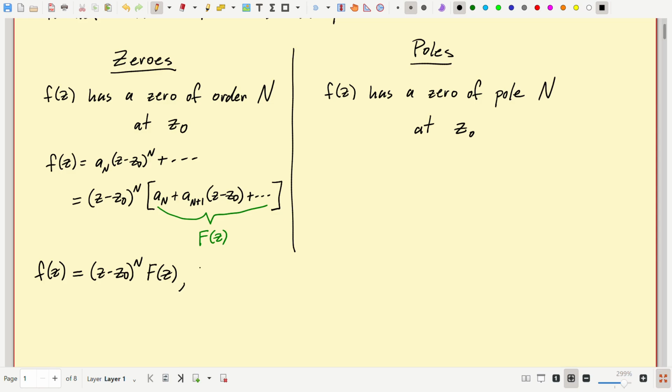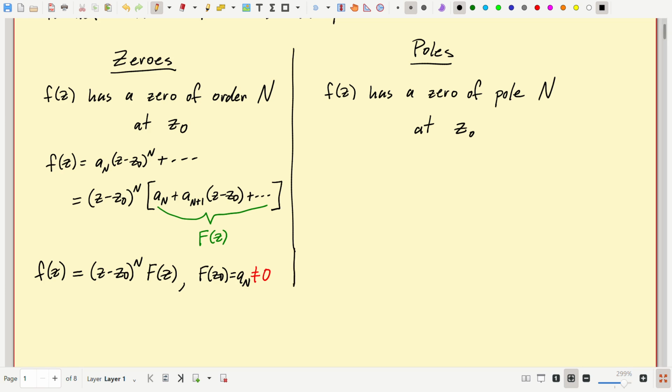And not only that, but F at z0 is equal to a_n, and that's unequal to 0. And it turns out you can go backwards. If f is equal to z minus z0 to the n times an F like that that's non-vanishing at z0, then you can go backwards, and sure enough, you write the power series, and you see it has a 0 of order n. So that's kind of like an if and only if thing.